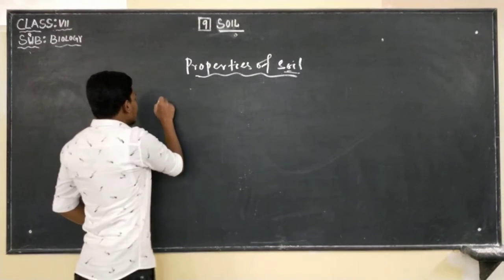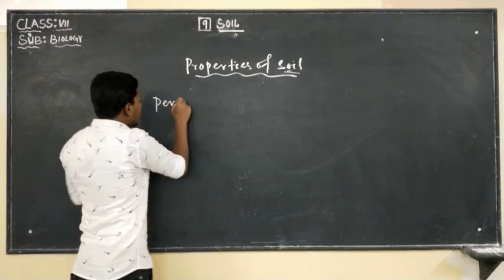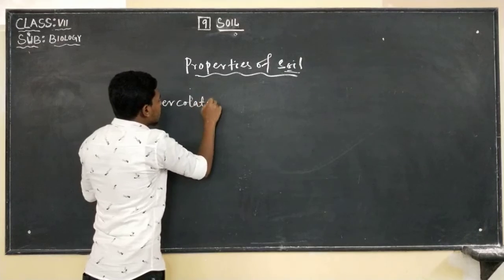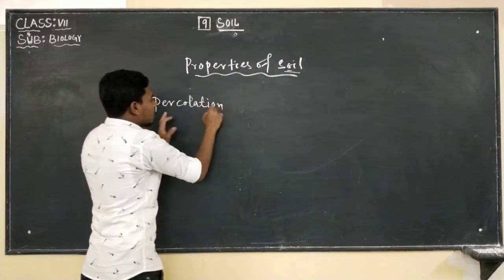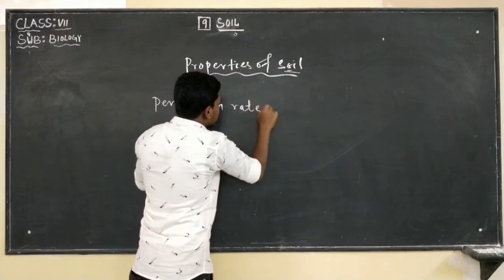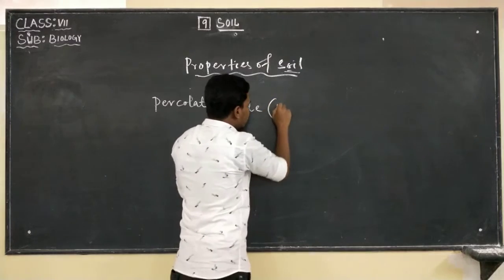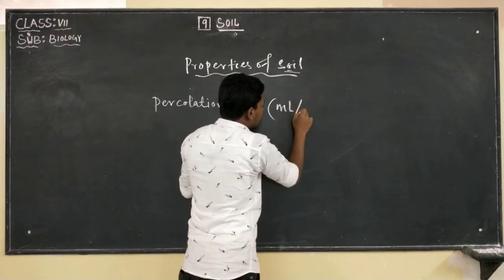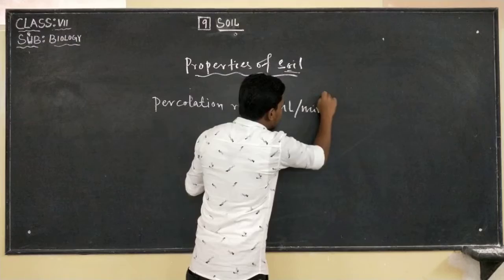So what is percolation rate? The formula to calculate it. Percolation rate is ml per minute.